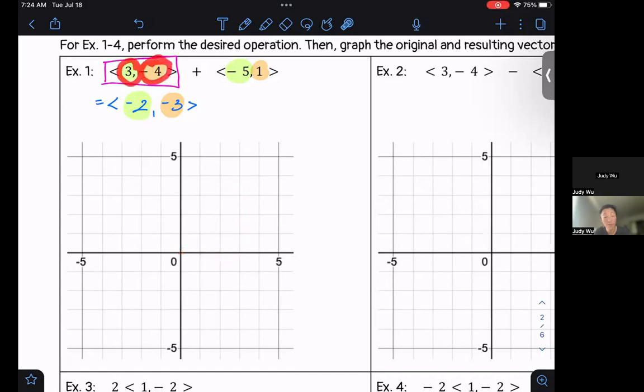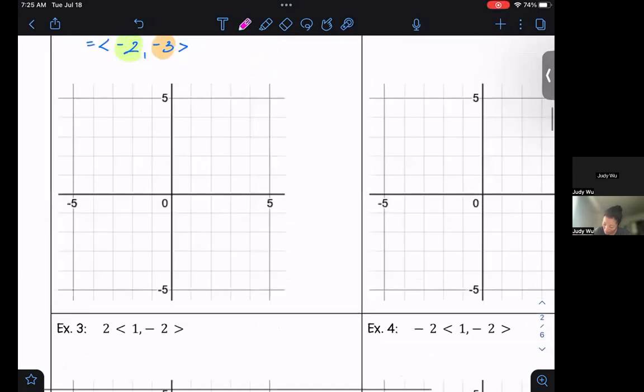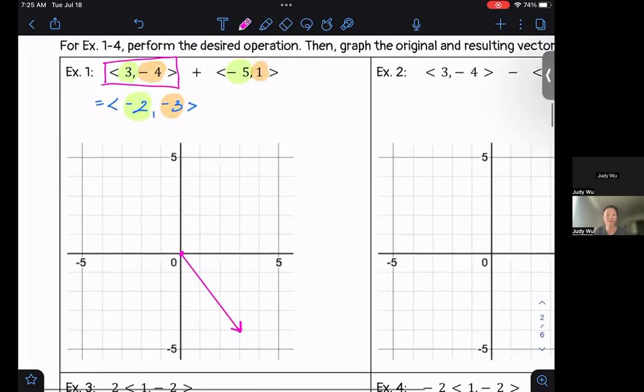I see the numbers 3 and -4. So I am going to start here and I'm going to go +3, but I have to go -4. Okay. And the way I'm going to notate this, I'm going to have my initial point and my terminal point, terminal meaning where it ends. And I'm going to go ahead and connect them. And I'm going to put an arrowhead in the direction of that vector. Okay, remember, the vector has not just a length, but it also has a direction.